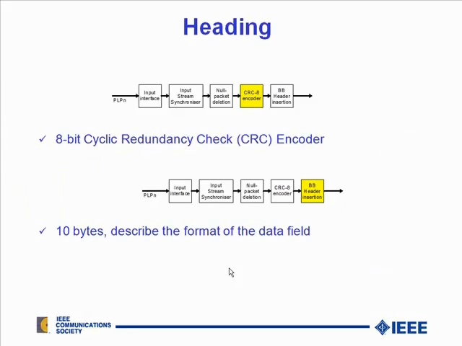The fourth operation implemented by the mode adaptation block is the creation of a header for the baseband block.